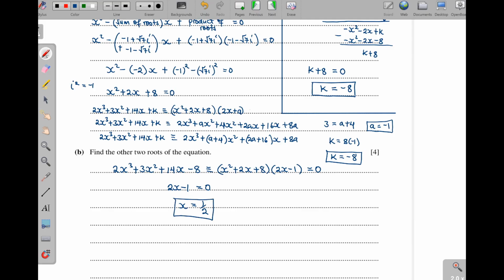Okay, so the other two roots: we have this one, and then the other, x squared plus 2x plus 8.